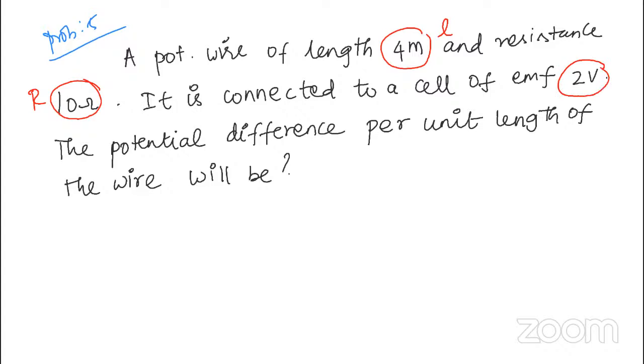Okay, so potential difference per unit length அப்படின்னா potential it should be represented by the letter என்னது சொல்லுங்க பார்க்கலாம்.